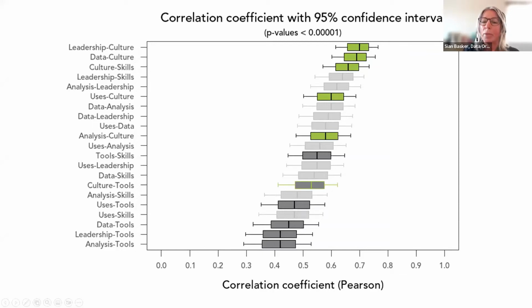Meanwhile, what's also interesting is tools. Anything that has tools in it, we've highlighted in dark grey, and you can see the tools are the least correlated of all of these relationships. What's interesting about correlations is that it's great because it tells us there's a relationship, but it doesn't explain why.